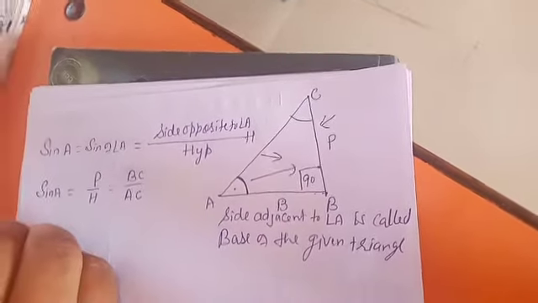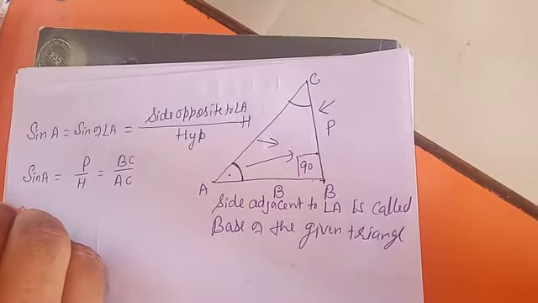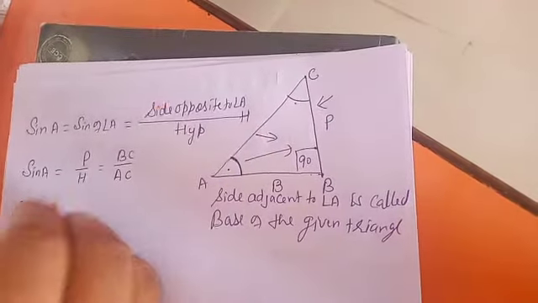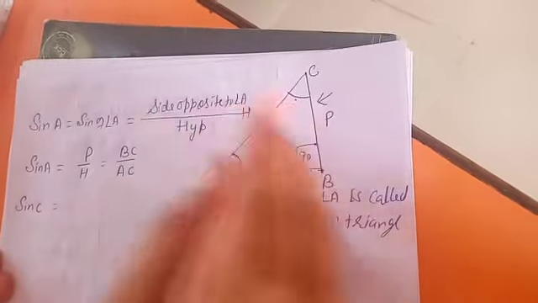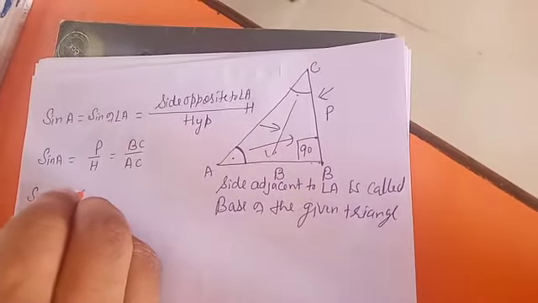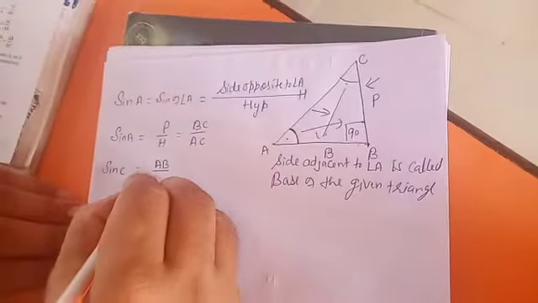But what is sine of C? Side opposite to angle C is which side? AB by hypotenuse AC.